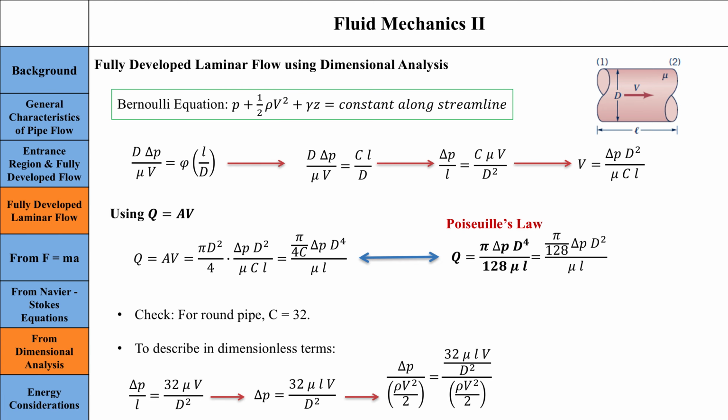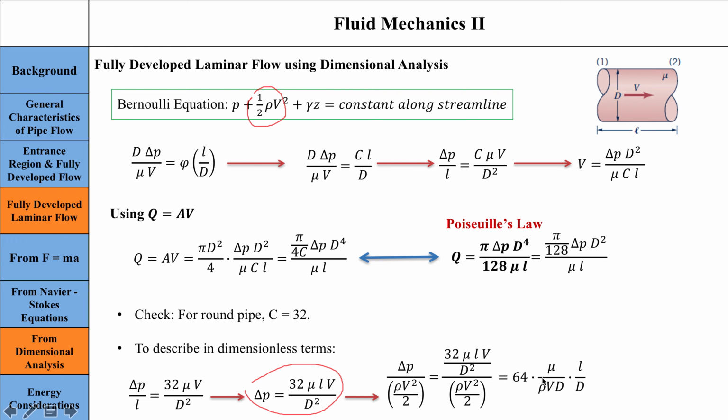Let me just put that up here. This term is the second term in Bernoulli's equation. It's called dynamic pressure, and you can go and review Bernoulli's equation and see how you got to this point. But all we've done here is divide this entire term by the dynamic pressure on both sides. And now I just have to simplify this further.